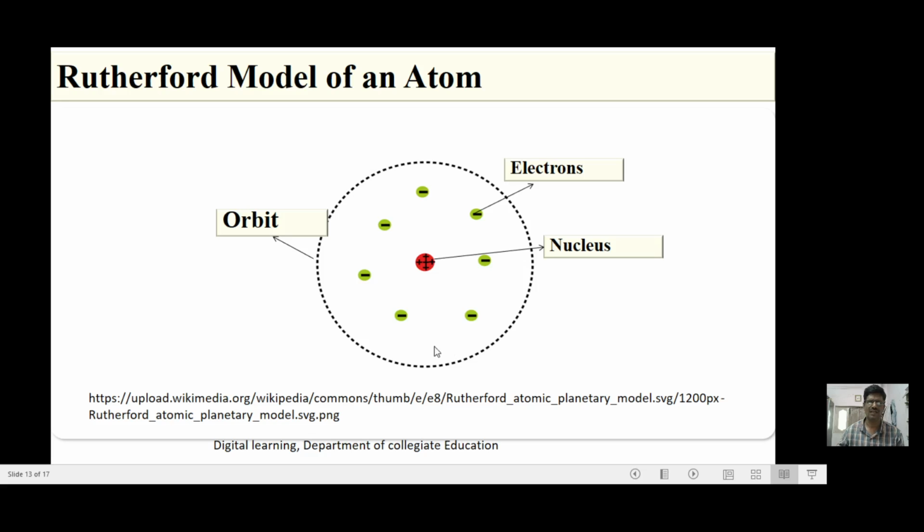Rutherford's model of an atom. Here is the path of the electrons, in which the electrons revolve. The electrons are surrounded by the nucleus, and at the center there is a nucleus.